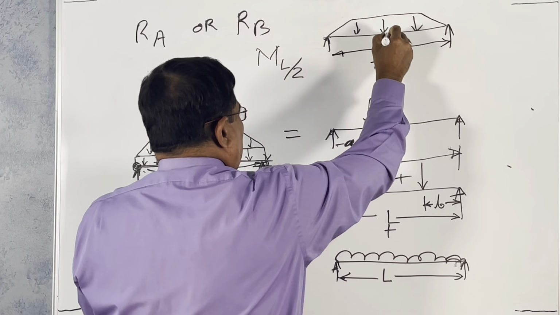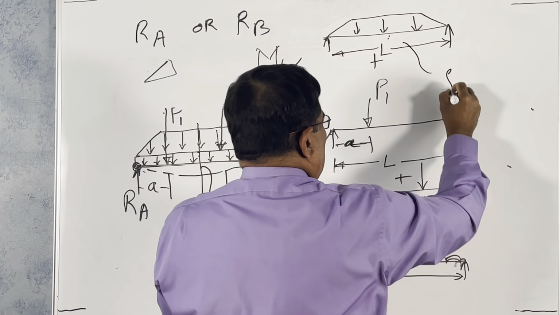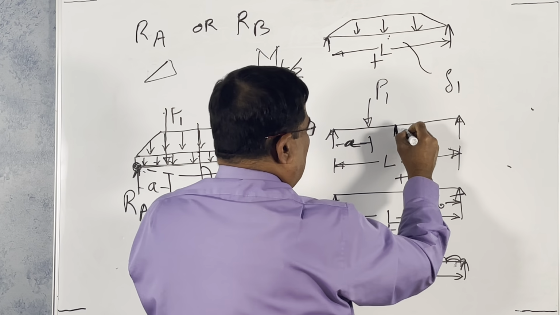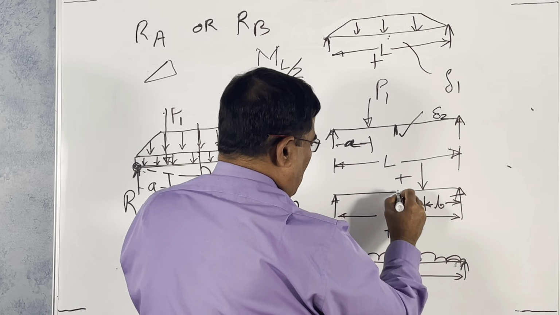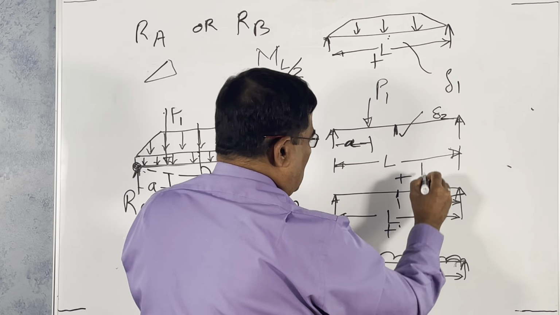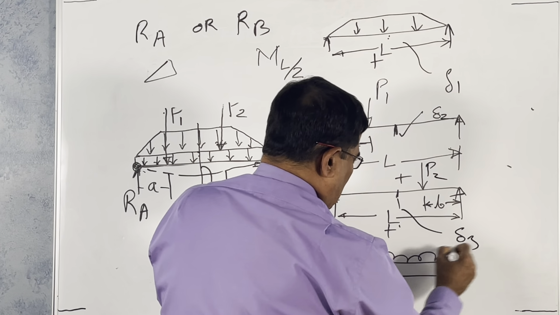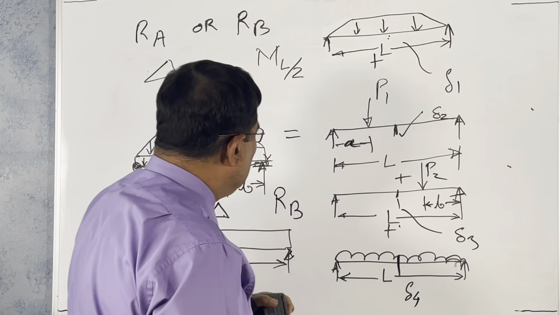If we find that the deflection here due to the first force is delta 1, deflection at the middle point because of this load is delta 2, deflection at the middle point for this load is delta 3, and deflection at the midpoint for the last is delta 4.